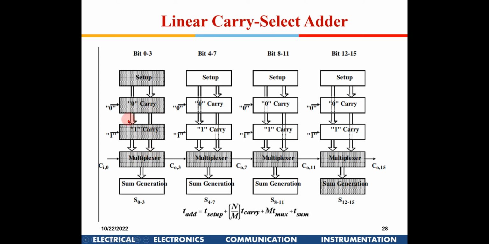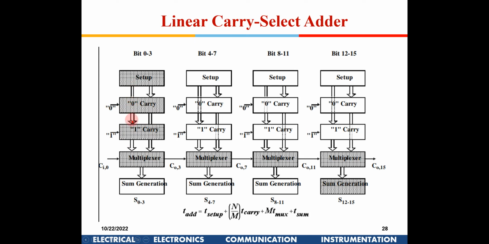I guess this arrow should not have been there, so this is not feeding this. These are two blocks which are parallel to each other. This arrow is coming from the top, from the setup; it is not coming from this block.